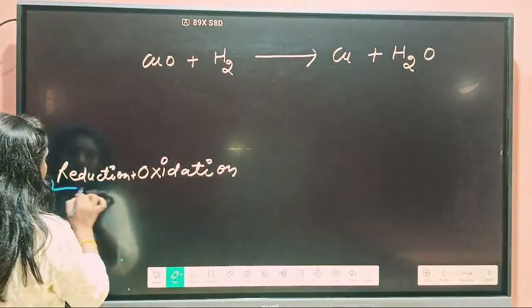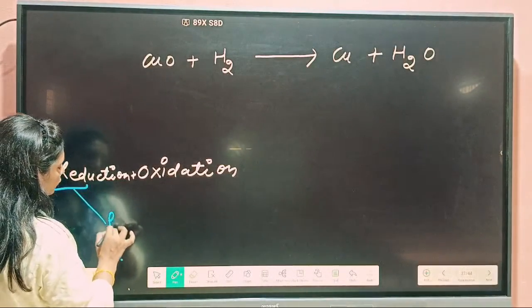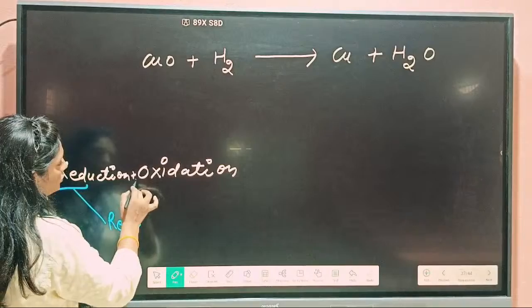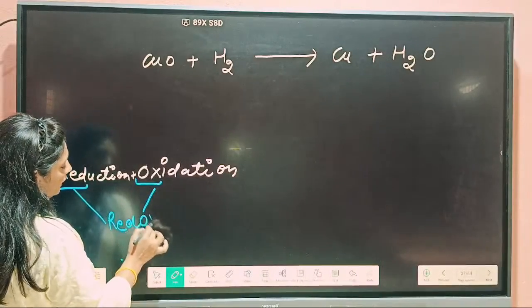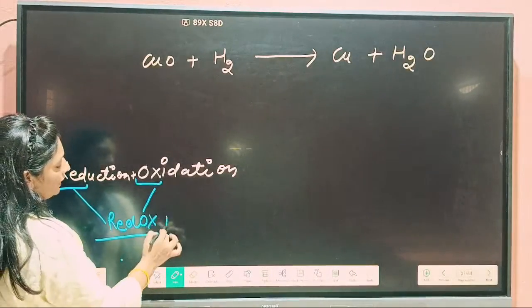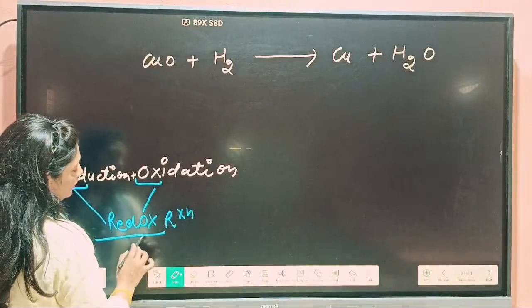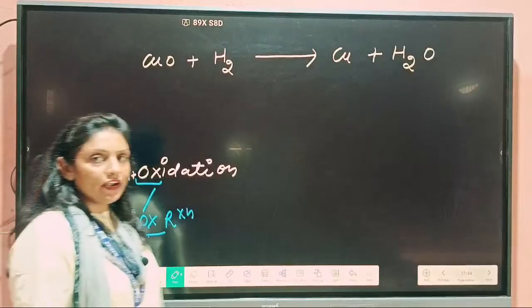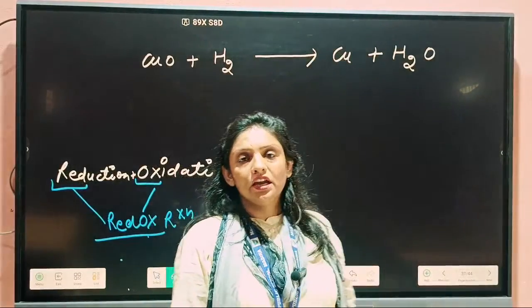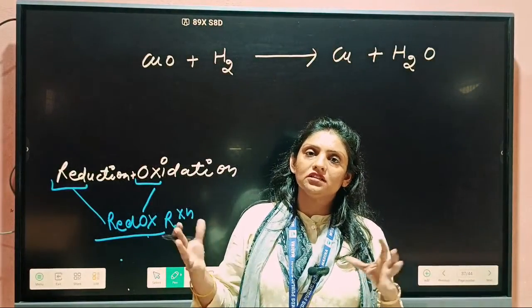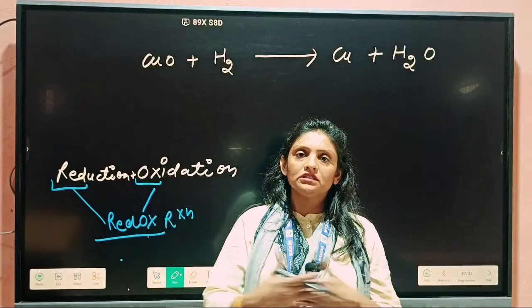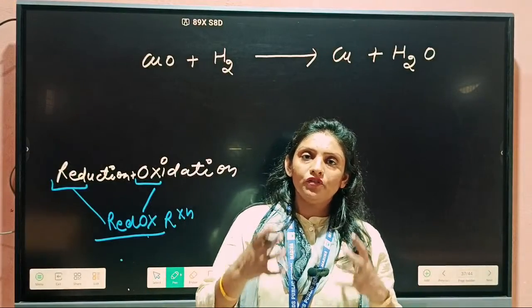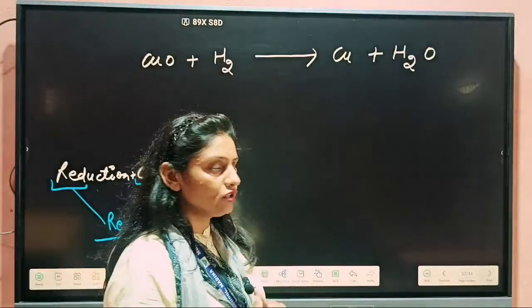You can learn easily. Then that type of reaction is known as the redox reaction. So redox reaction is that reaction in which oxidation as well as reduction both take place simultaneously.